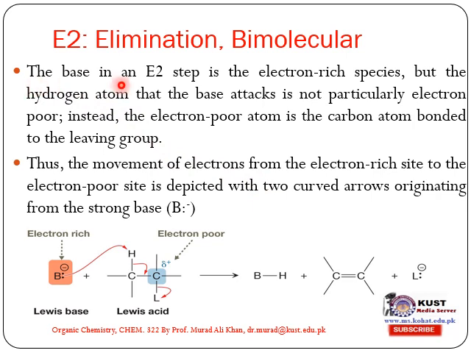The base in an E2 step is the electron-rich species, but the hydrogen atom that the base attacks is not particularly electron-poor. Instead, the electron-poor atom is the carbon atom bonded to the leaving group. If you see here, the base is an electron-rich species.